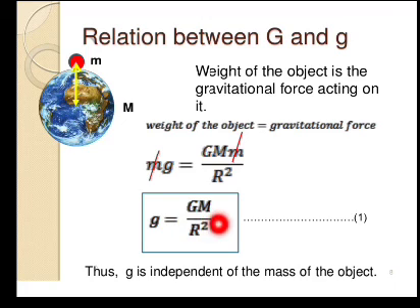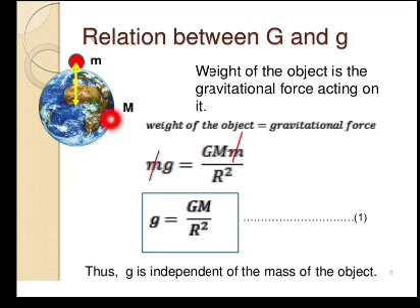According to the radius at different places, it shows little changes, but generally we can say the value of gravitational acceleration on Earth g is 9.8 meter per second square. From this equation, the value of gravitational acceleration does not depend on the mass of the body, as shown in the figure.